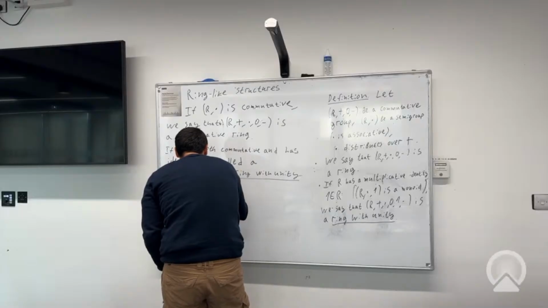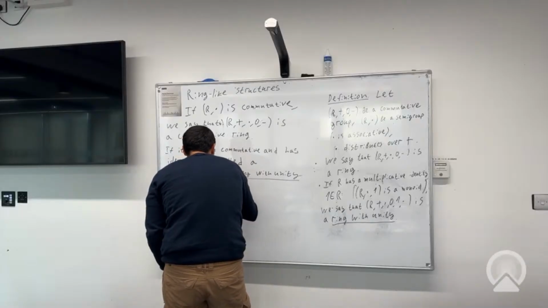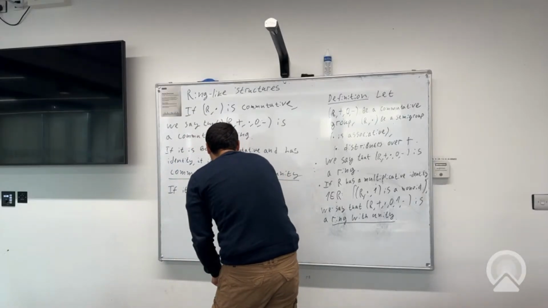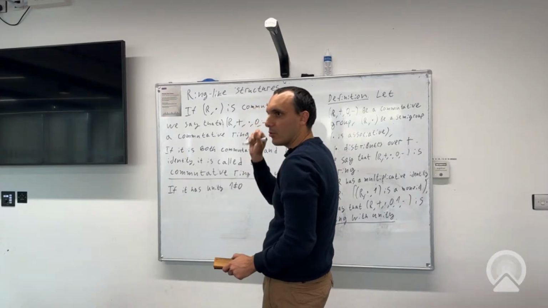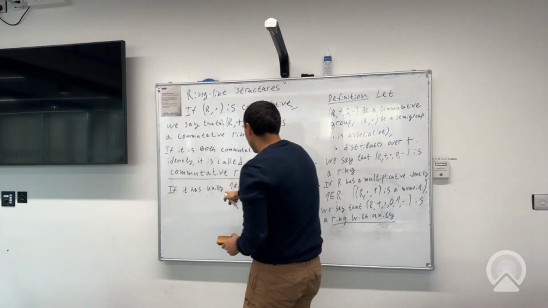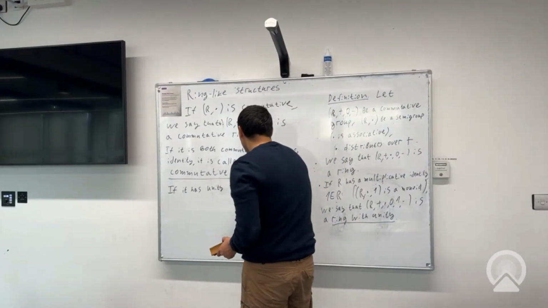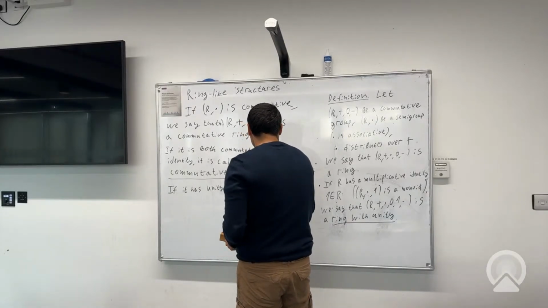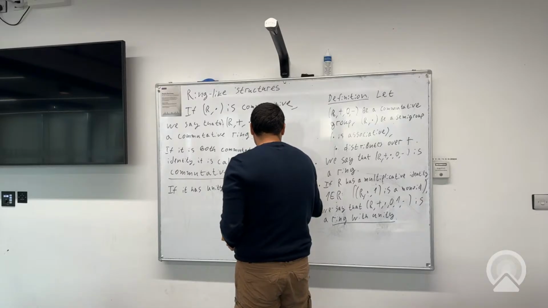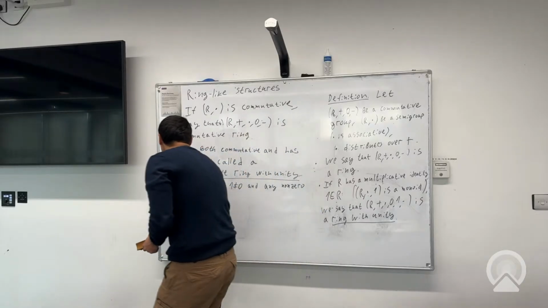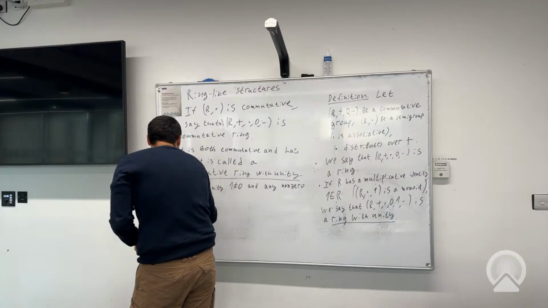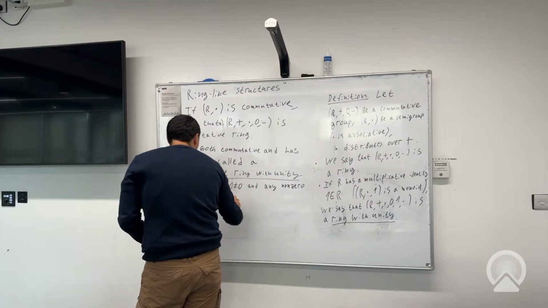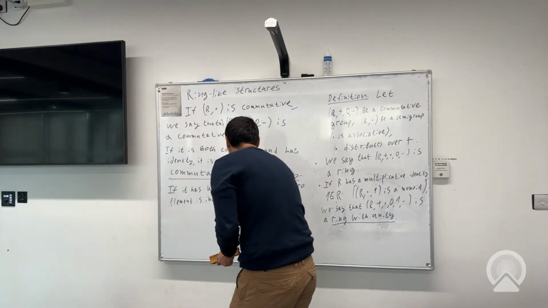If it has unity, and the unit one is not zero, because there is the trivial case where everything becomes the zero element, but if the unit is not equal to zero and any non-zero element is invertible, we call it a division ring.